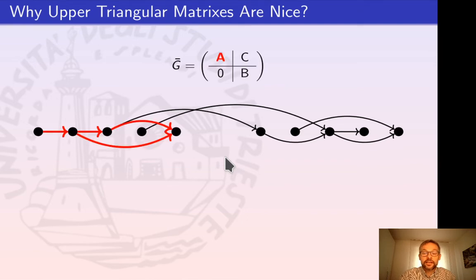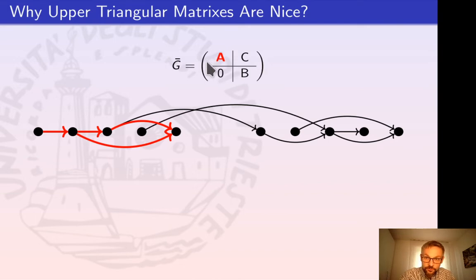Of course I can move along the edges represented by this matrix. This part of the matrix deals with the first part of the nodes in the topological sort, and this part represents edges going from the first part of the nodes in the topological sort to the first part of the nodes in the topological sort.